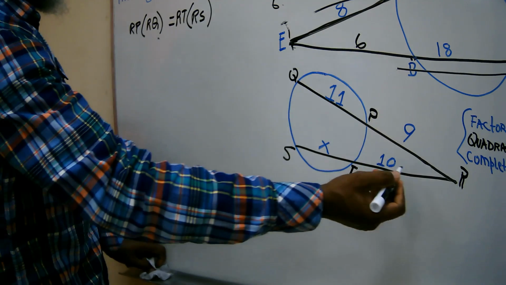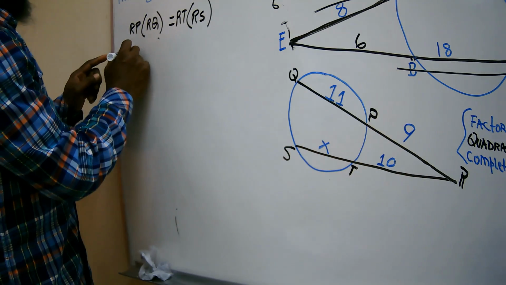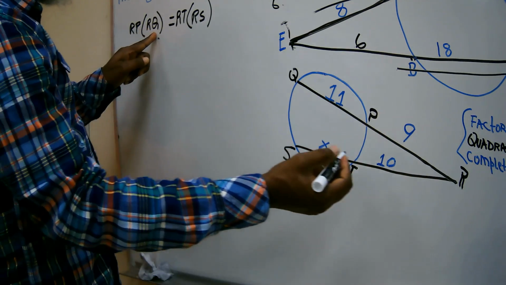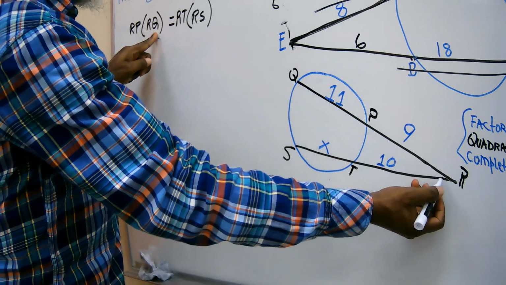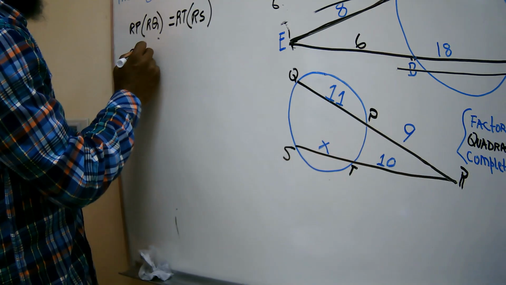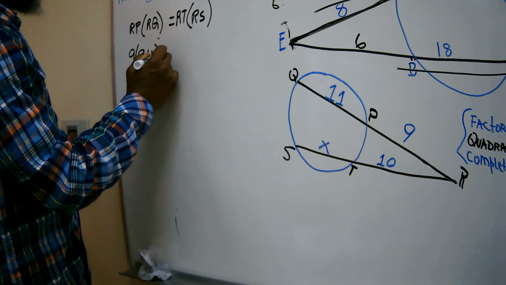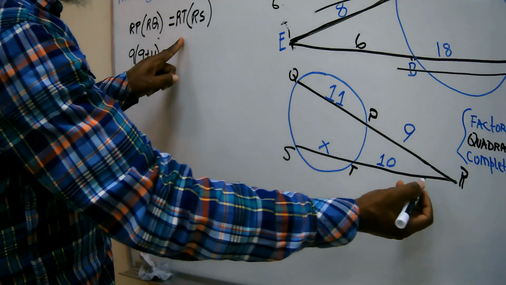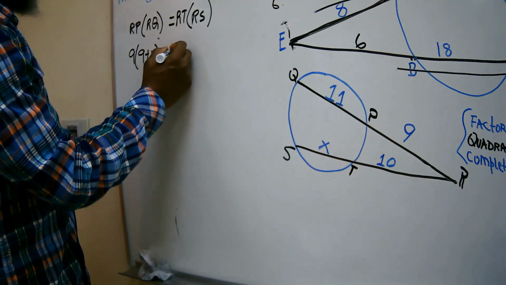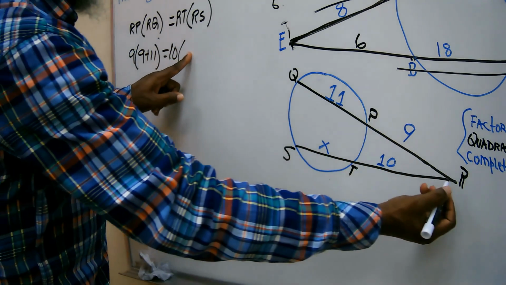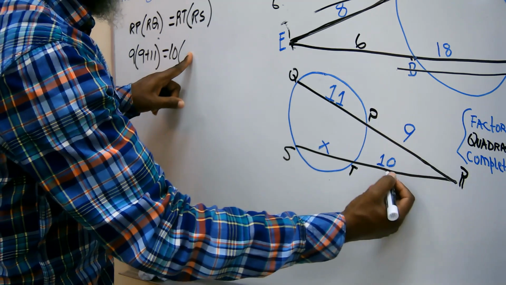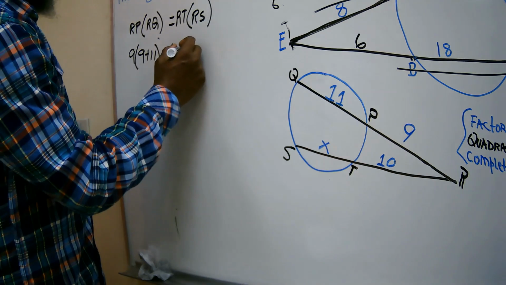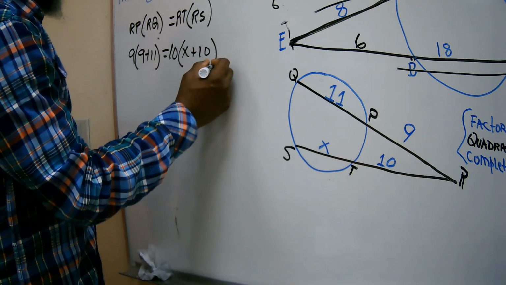Alright, RP, which is 9, RQ, that would be 9 plus 11, is equal to RT which is 10, times RS which is 10 plus X, which is X plus 10, same thing.